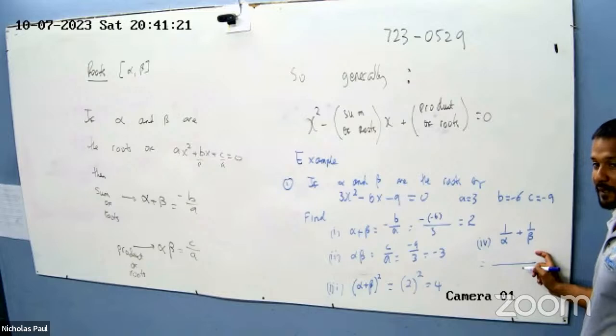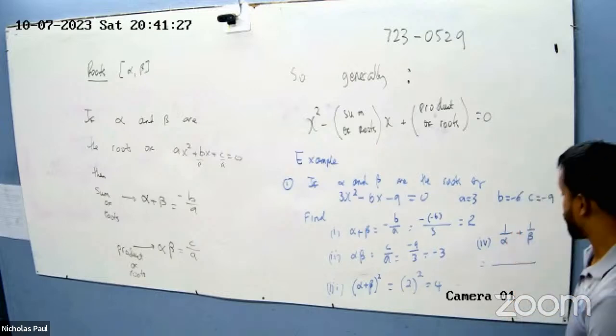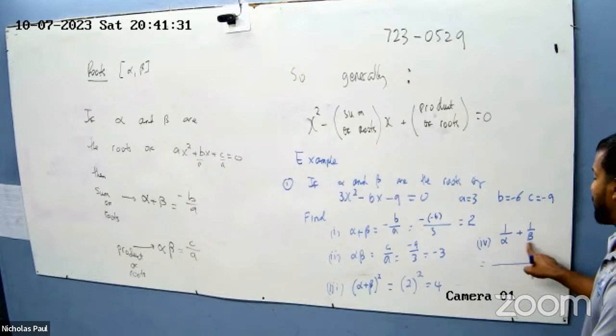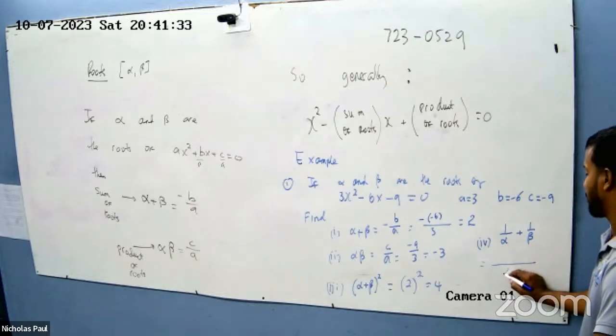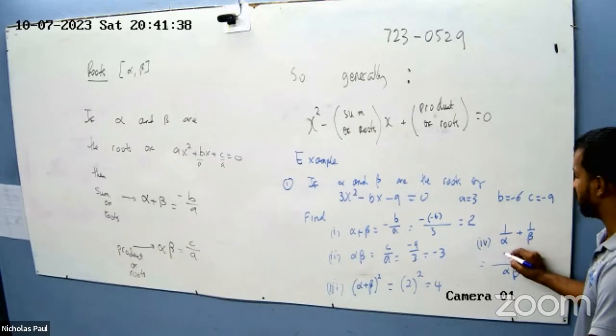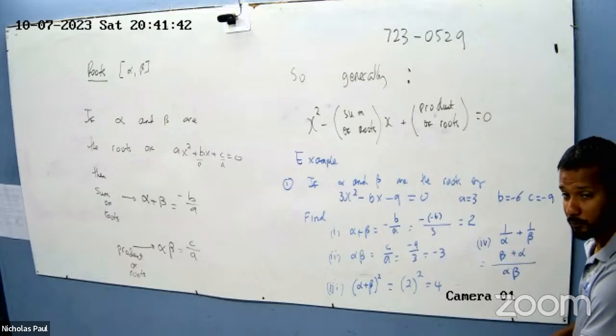It will be alpha by beta. And the numerator is what? Beta by 1, alpha by 1. Remember doing that?